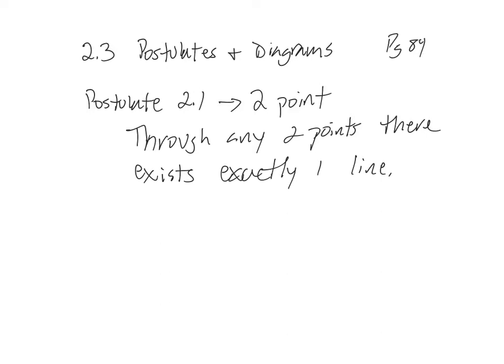Postulates are rules that we use in geometry. They tend to be more straightforward, more direct, and easier to understand, typically, than theorems, which are the other things that we'll talk about down the road. Through any 2 points, there exists one line.